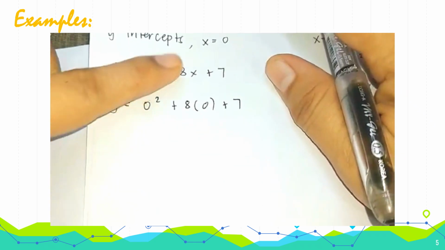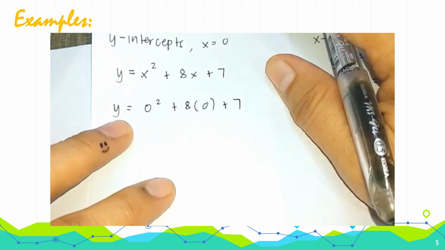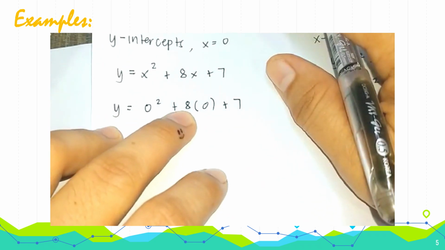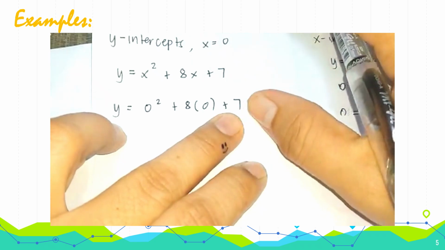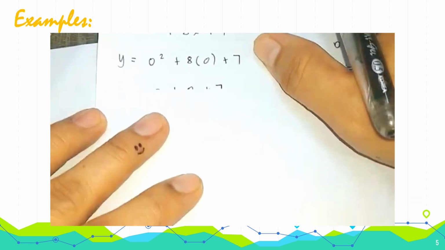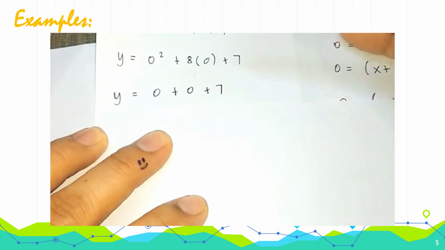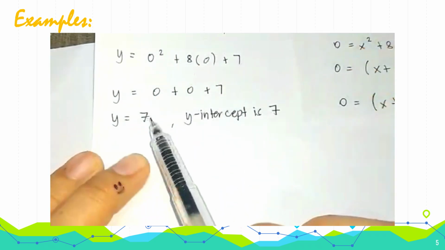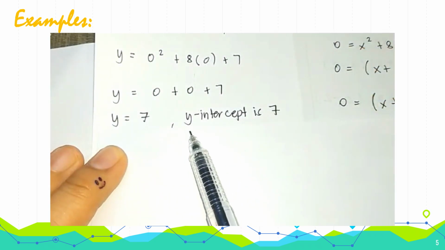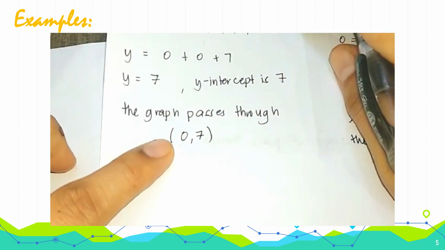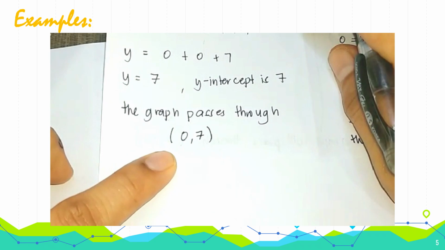If x here is 0, we write it as 0 raised to 2 plus 8 times 0 plus 7. 7 here is a constant, no variable. So y here is equal to 7. We say the y-intercept is 7. The graph passes through the point 0, 7.